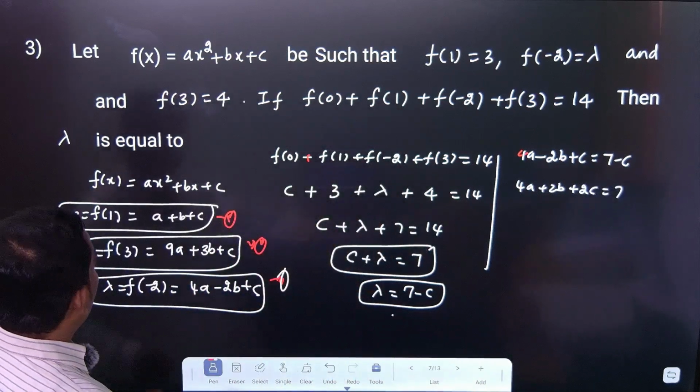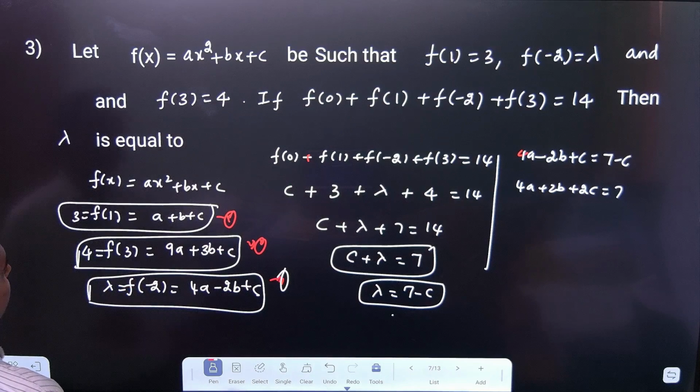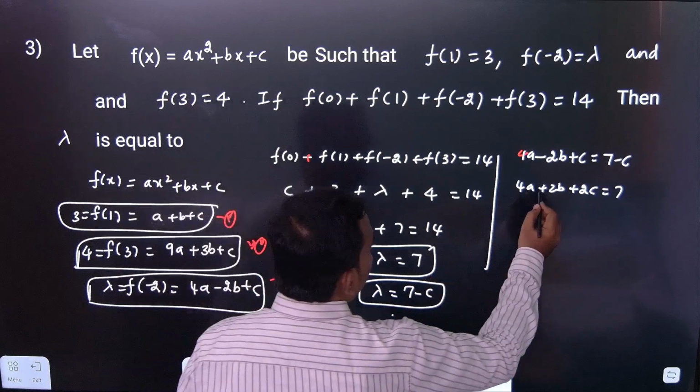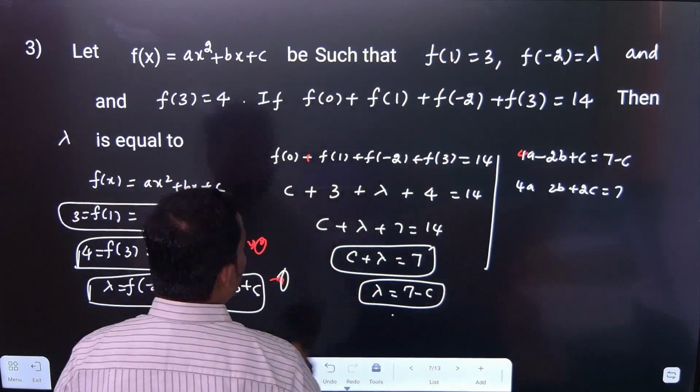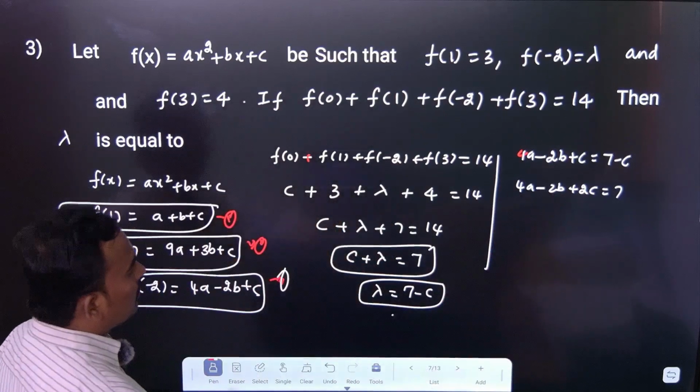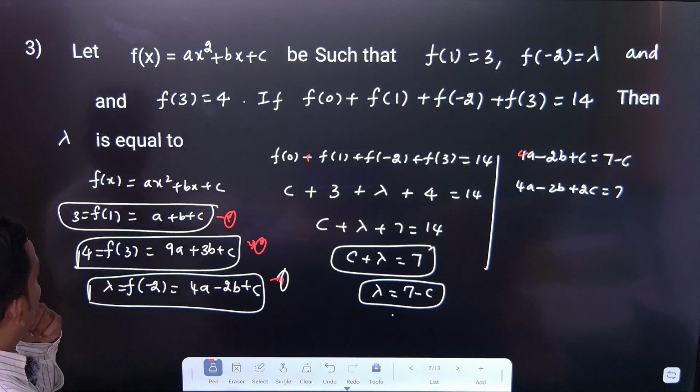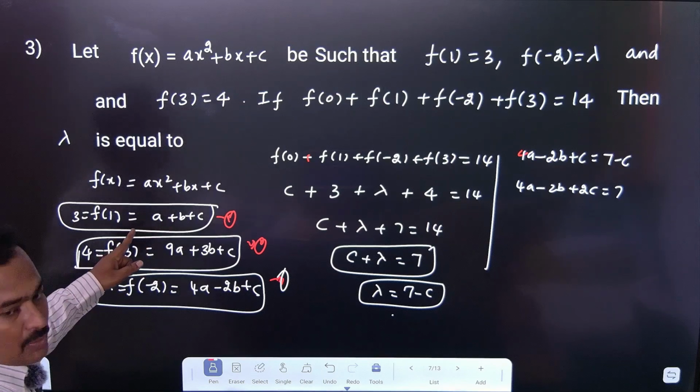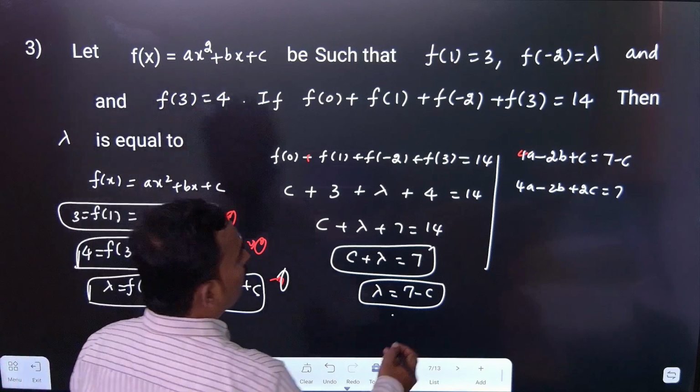Correct? Now we can compare with, so which one can we? Minus 2b, no? We missed the sign here, minus 2b, right? Minus 2b plus 2c is equal to 7. So we need plus 2b to cancel. Then you multiply the first equation by 2. What will we get?